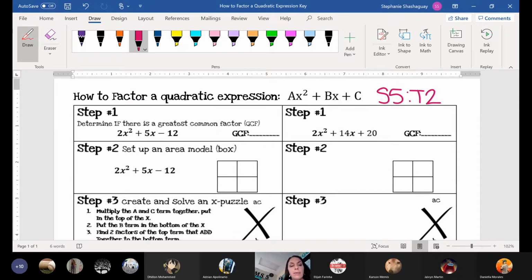So our first step here, when we're factoring a quadratic expression, so there's no equal signs, right? We just have an expression. We need to determine if there is a greatest common factor, a GCF. So looking at this equation, I have 2x squared, 5x, and negative 12.